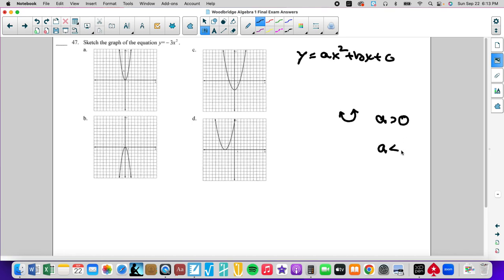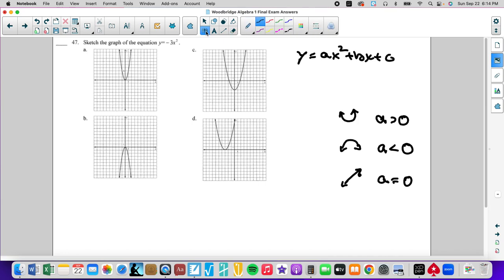When a is less than 0, it looks like this. Do you know what it looks like when a is equal to 0? It looks like a line because it gets rid of the square. Not a lot of teachers teach you that, I'm sure. They just do the positive and negative a.